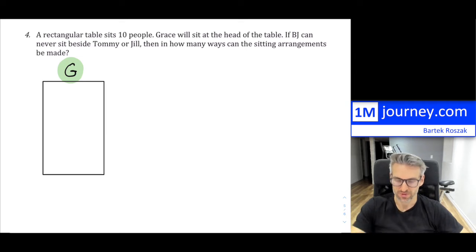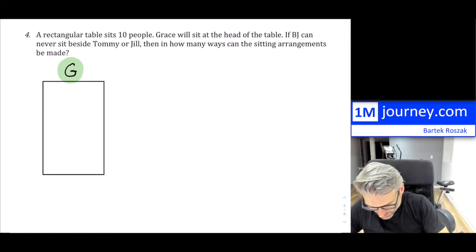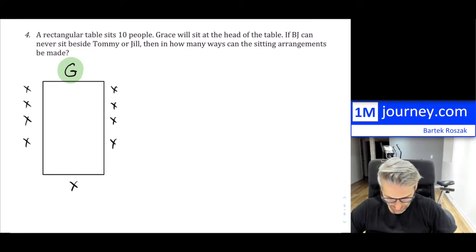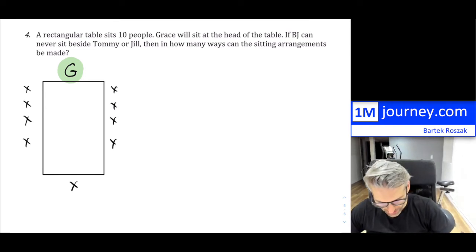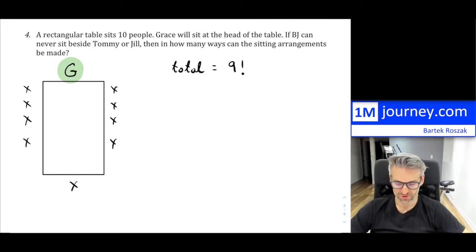There are 9 remaining people that I can sit: 1, 2, 3, 4, 1, 2, 3, 4, and another one here. So the total number that I can rearrange is 9 factorial.